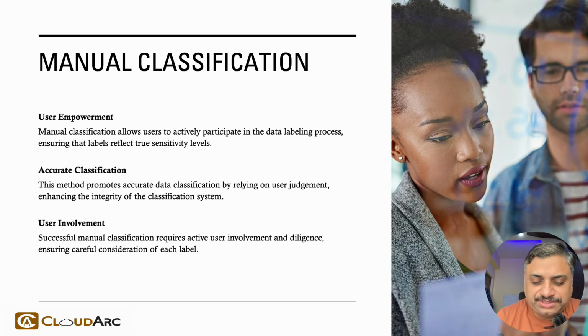Many times it happens that the auto labeling policies that we have applied may not identify the data in the right way, or maybe identify it as a false positive. So in such cases, we may also need to provide our users the privileges for manually assigning the classification.